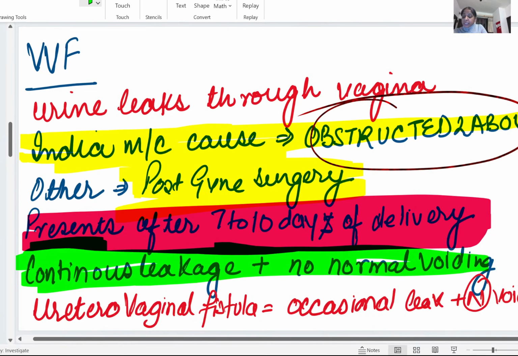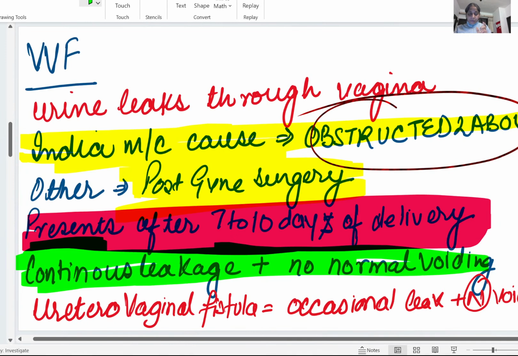Because the communication is between the bladder and the vagina, there will be continuous leaking and no normal voiding.